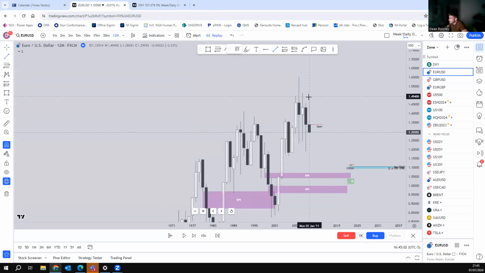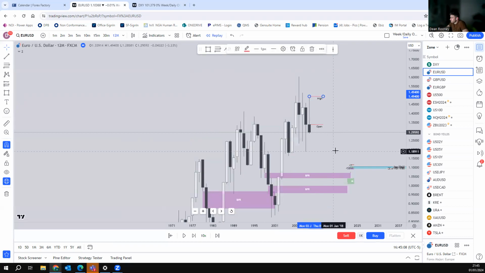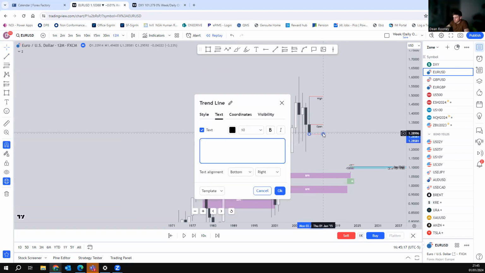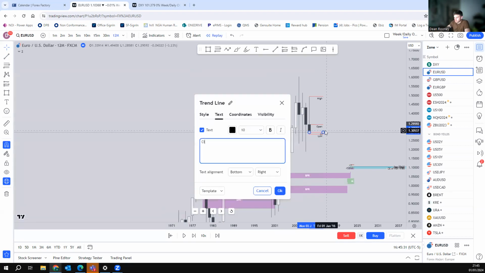Then this was the high. This was the low. Down at the bottom of the wick is the low. And this one here was the close. Put that to the top.